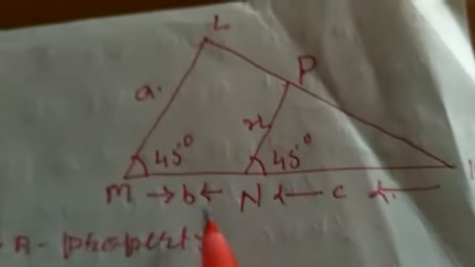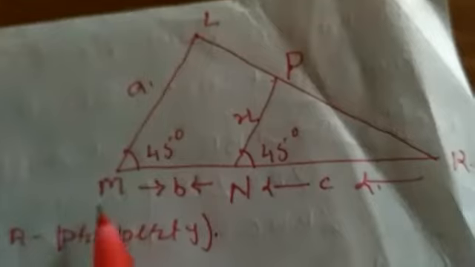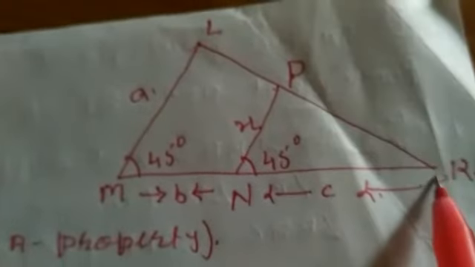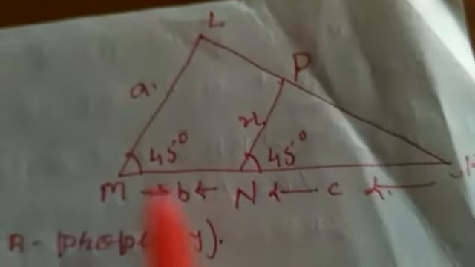Let's see the figure. This is the figure. In triangle LMK, we have angle M and angle N of 45 degrees.